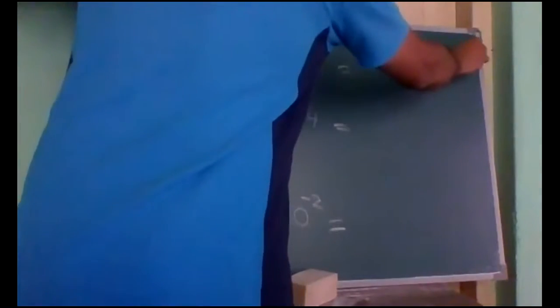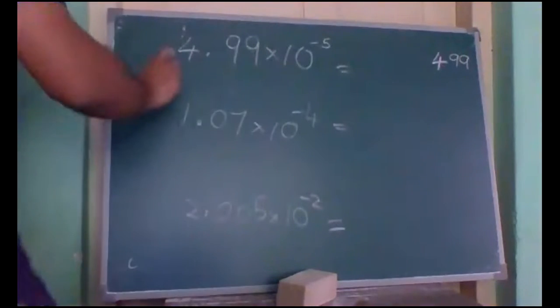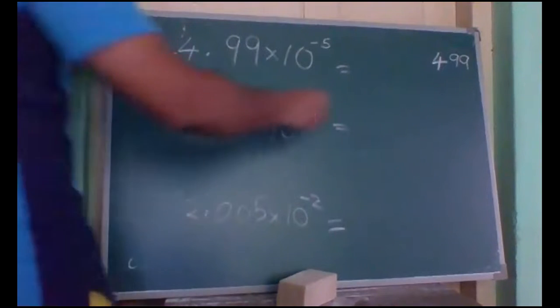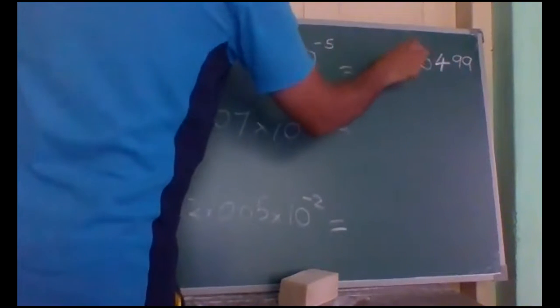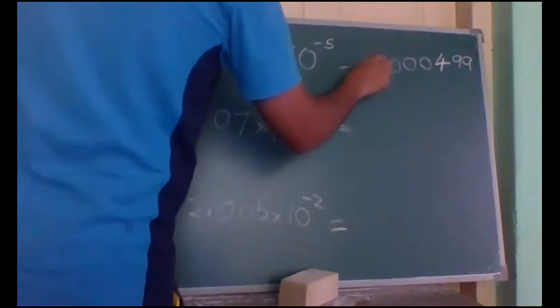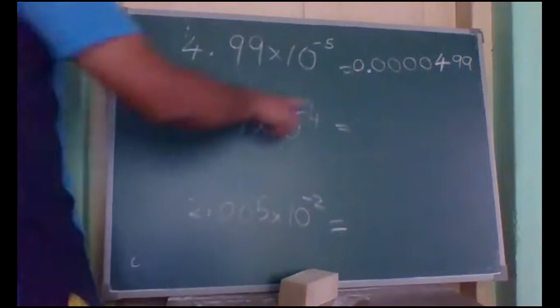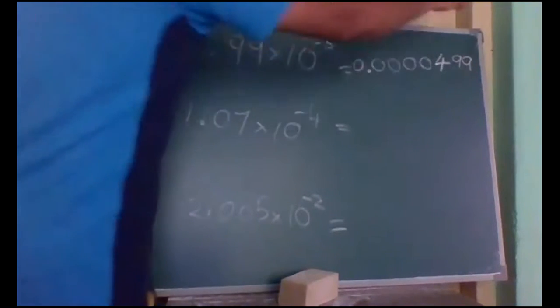So what will happen here? 99, then 4 is here, then 0.0. How many? 1 already here, no? Then 2, 3, 4, 5 and put the decimal place. That means 0.1, 2, 3, 4, 5.